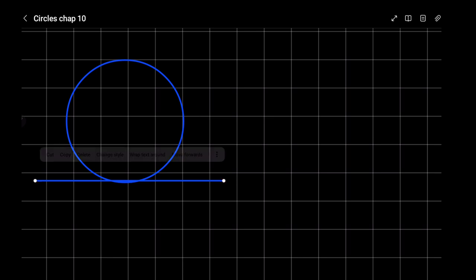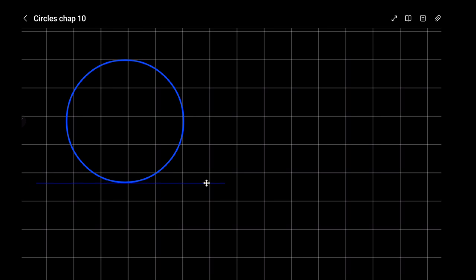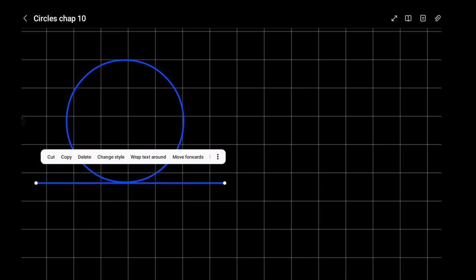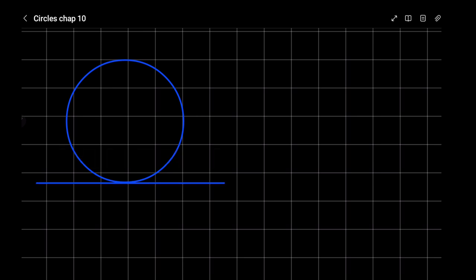Let me just make it a little bit better so that it actually looks like a tangent. Now it's almost a tangent. So what we have done here, we have made a tangent line, let's say PQ, and let us say here is the center of the circle. Let us call it O.